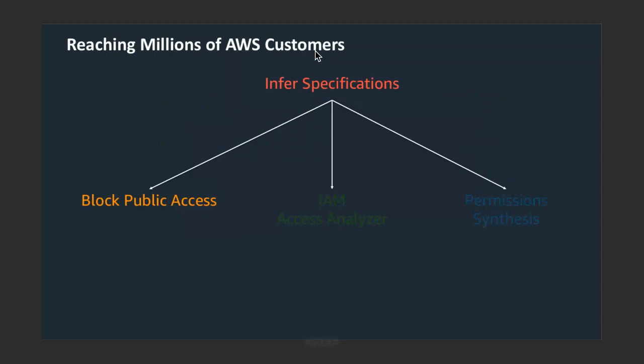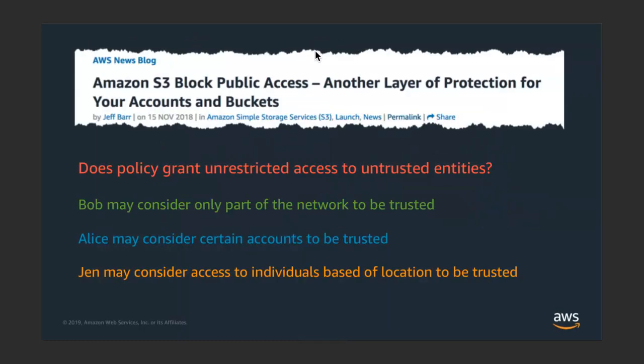The key insight is we need to infer specifications automatically, but do it in a way that is customized to each user themselves. And the first application of this that I'm going to talk about is block public access.